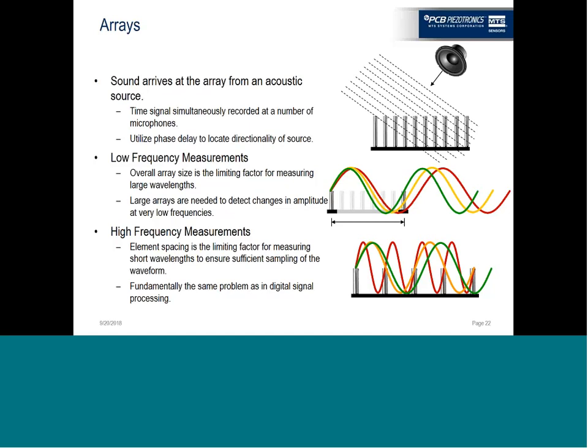Whatever your frequency of interest is in time, you double that, and that gives you your sample frequency. In fact, you want to go more than double because you want more fidelity in that waveform. High frequency is the same way. The interspatial distance between each microphone in the array will have an effect on what your high frequency measurements are. And in fact, you will get a spatial aliasing problem if you don't have your microphone spacing correct.